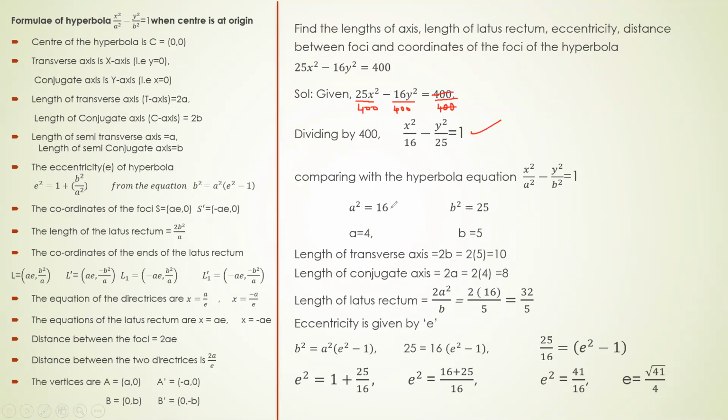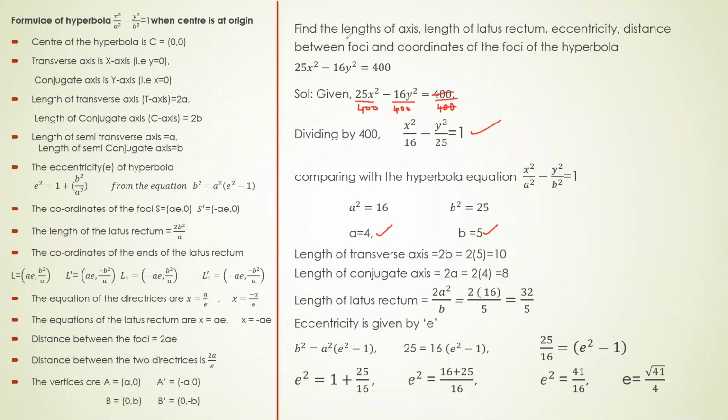When the square is taken to the other side, you get the square root, and then we get 4 as the answer. Similarly for b square, we get 5. So A value is 4, whereas B value is 5. Till here, we have calculated the A value and B value.